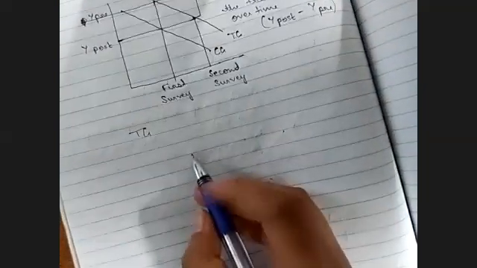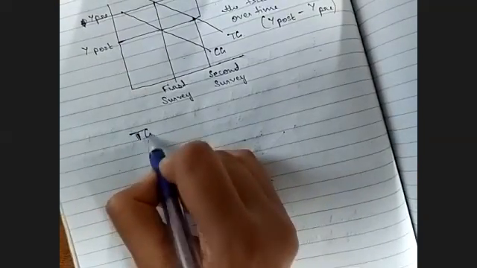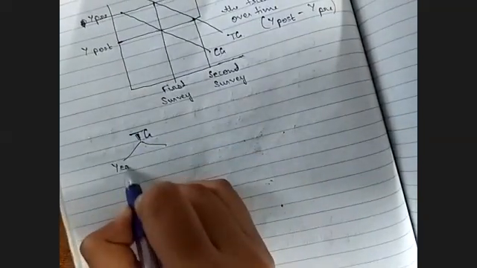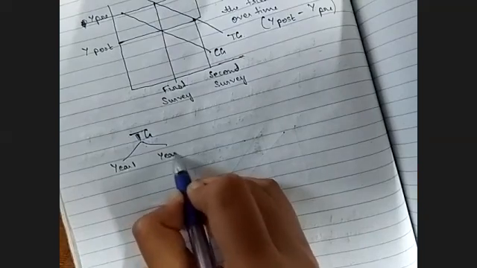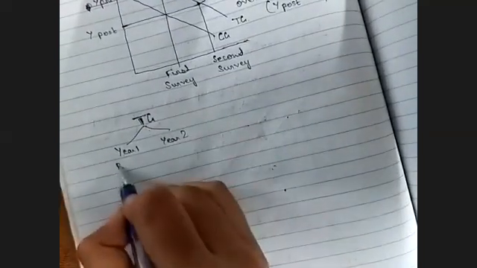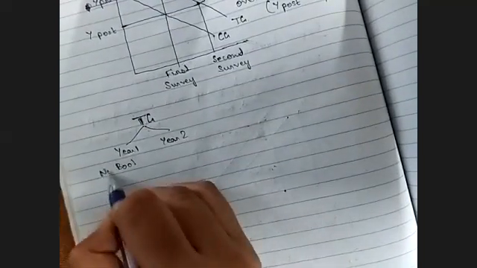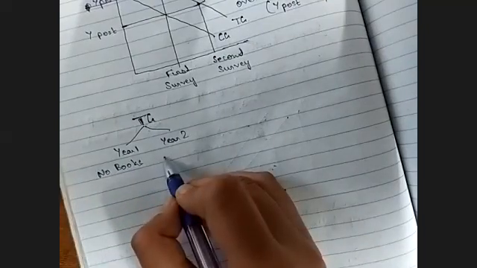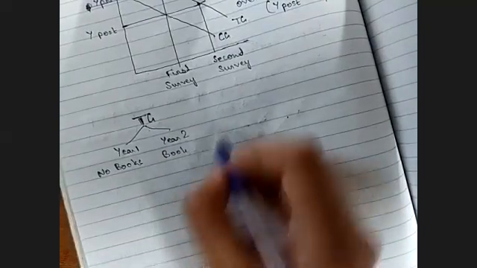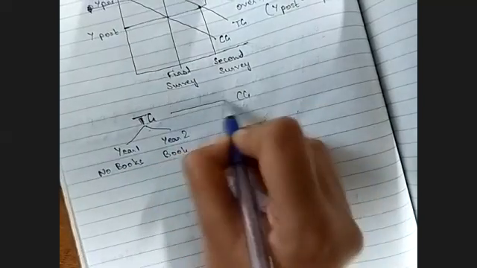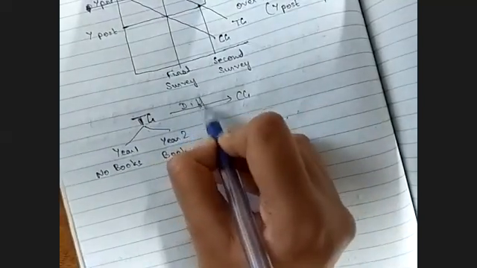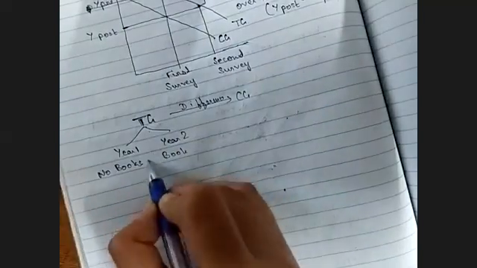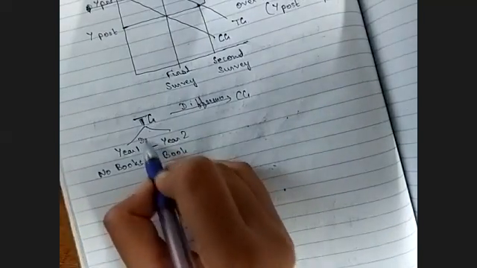In treatment group in year one, no books, and year two, they have books. So this is different from control. So there is difference between these two groups and difference between this.